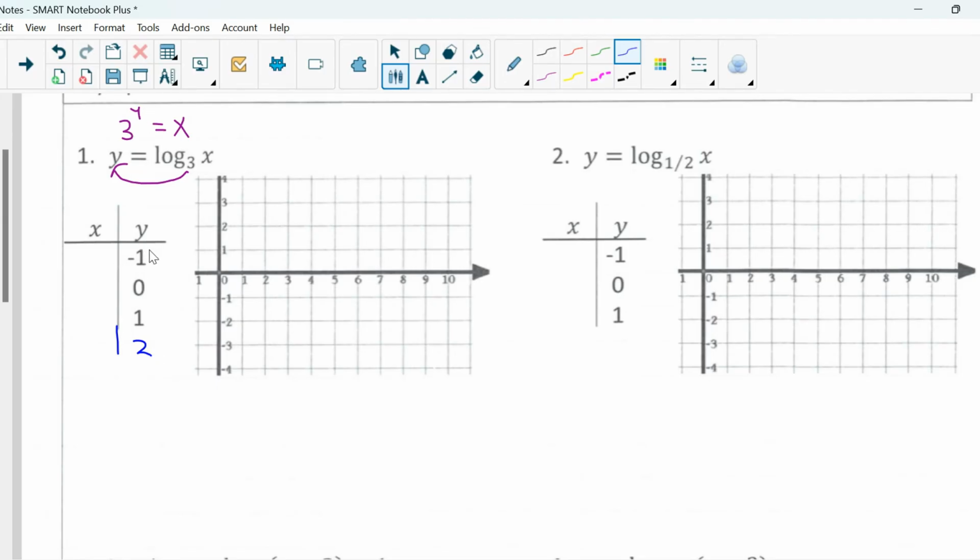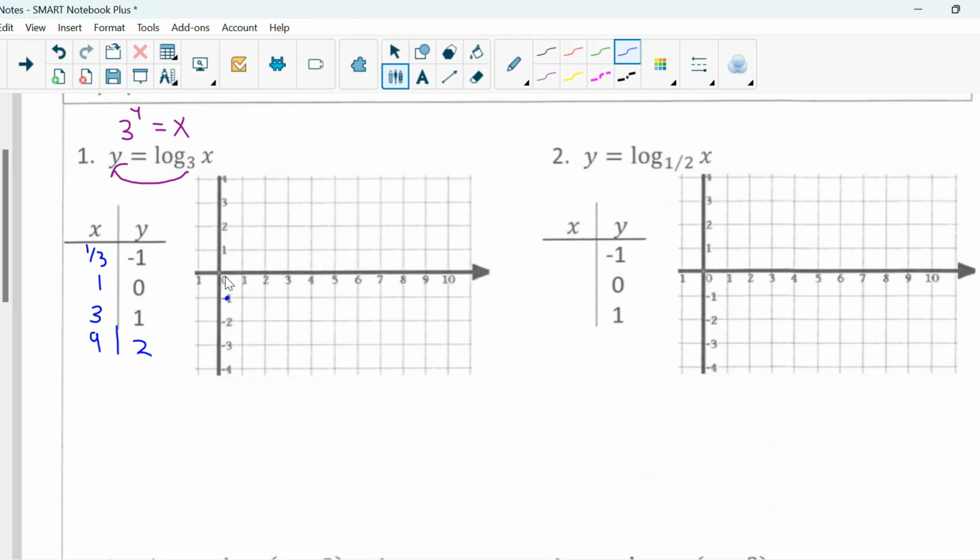We have 3 to the negative first power, which is 1/3. 3 to the 0 power, which is 1. 3 to the first power, which is 3. And 3 to the second power, which is 9. Then we can go ahead and graph these. At my y value of negative 1, I've got 1/3.